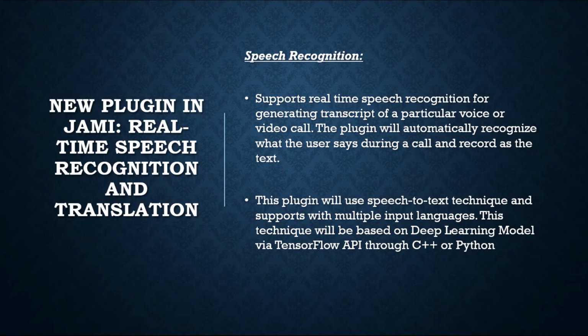The first part is to recognize the speech, and then the second part is to do the translation. So I will briefly introduce the first part as well as the alternative architecture, and my teammates will introduce the second part.